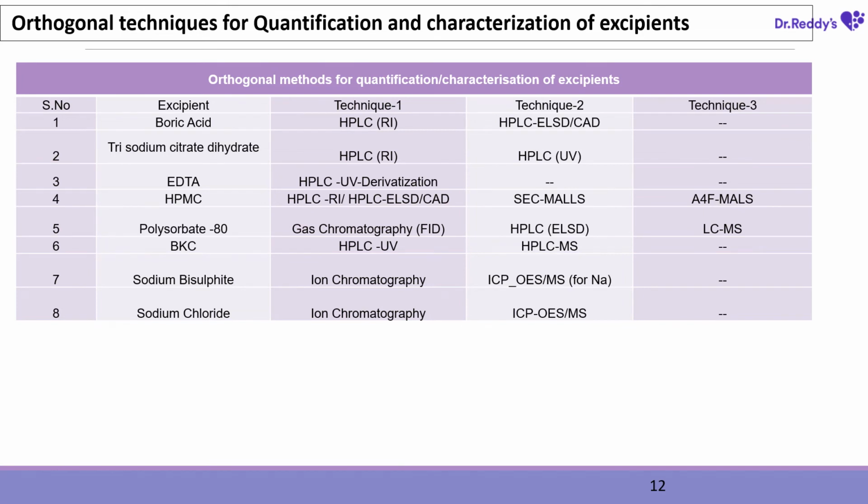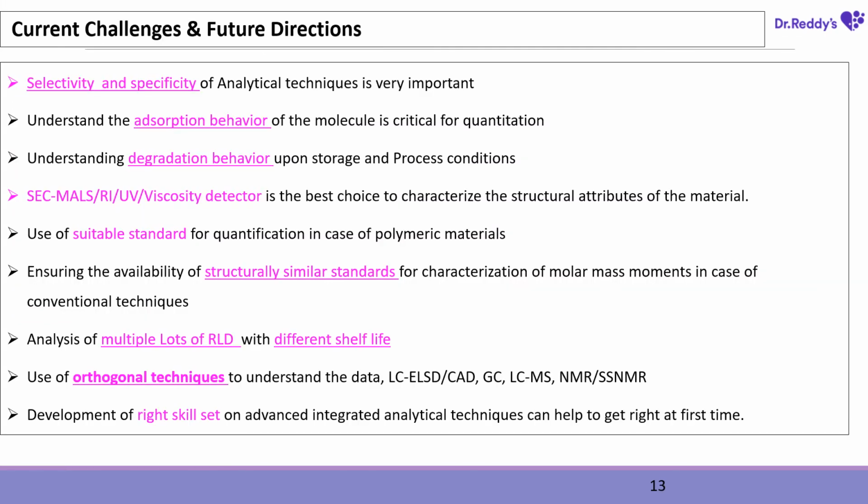So overall, these are some of the techniques which I have tabulated for the quantification of different excipients using different analytical techniques, based on availability in the laboratory. They can be easily used to get accurate information on the excipient. So, to summarize the current challenges and future directions, the selectivity and specificity of the analytical technique is very, very important.